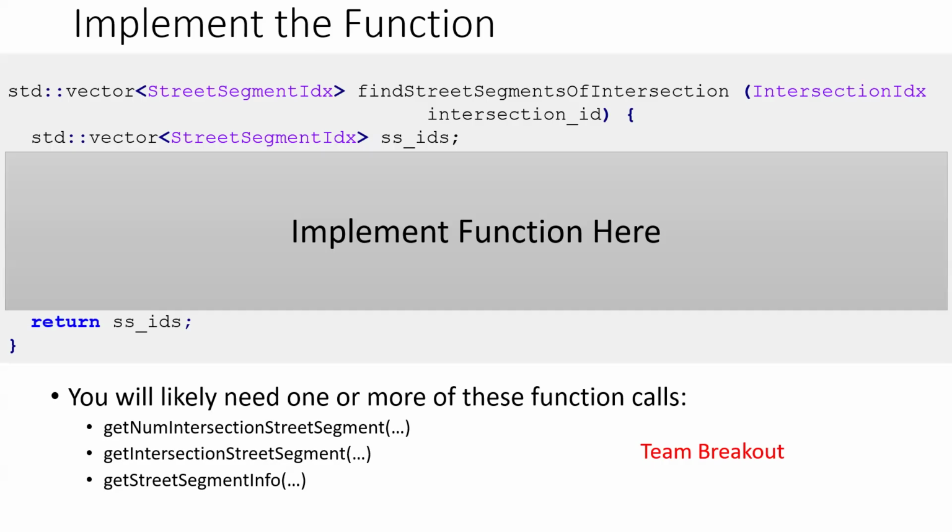We get the number of street segments connected to the intersection using get num intersection street segments. And then we use a for loop. But for this, we just need the street segment index in the vector that's being returned, right?